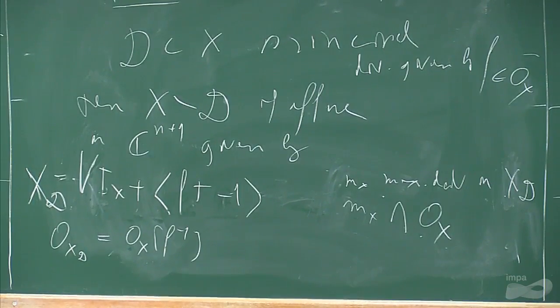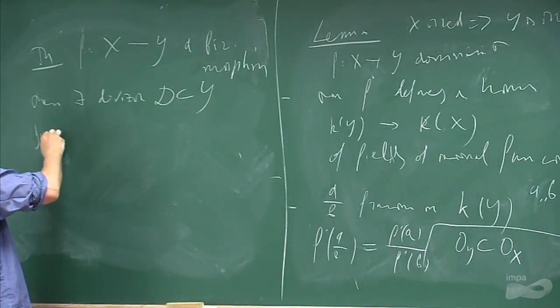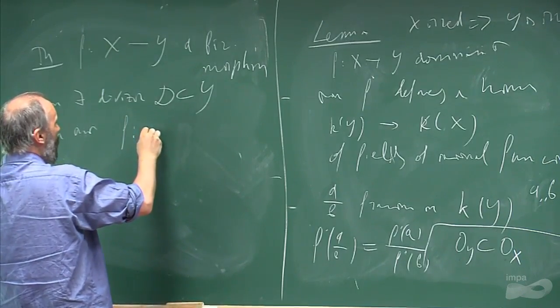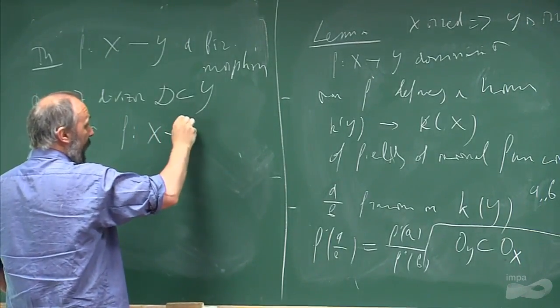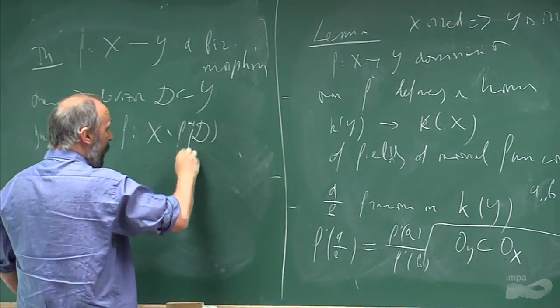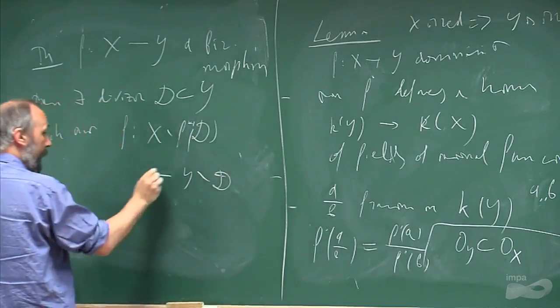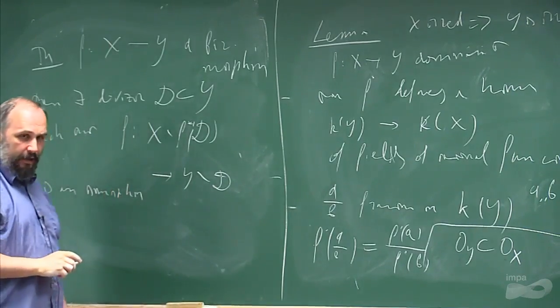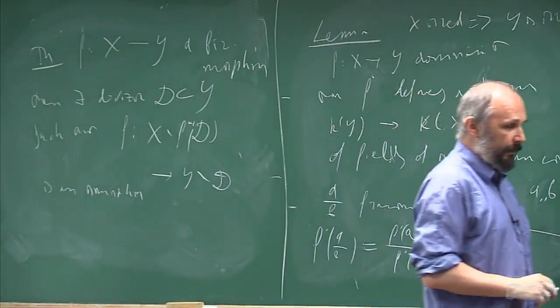So, birational morphism. Then there exists a divisor D inside Y such that the corresponding morphism from X without f inverse of D to Y without D is an isomorphism. So birational maps are equivalences outside of a divisor.